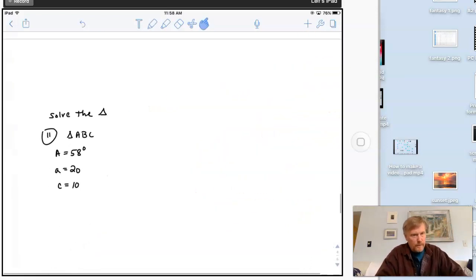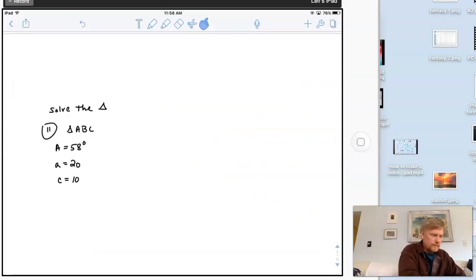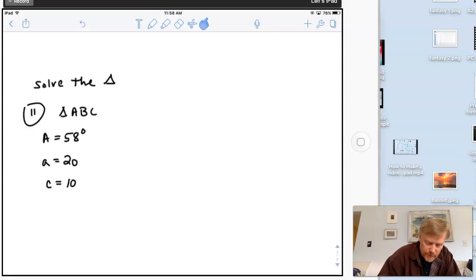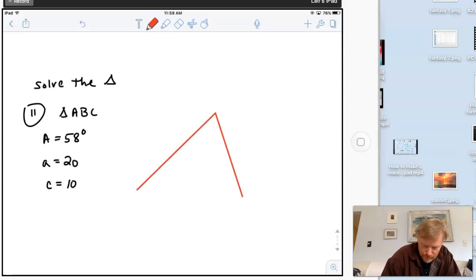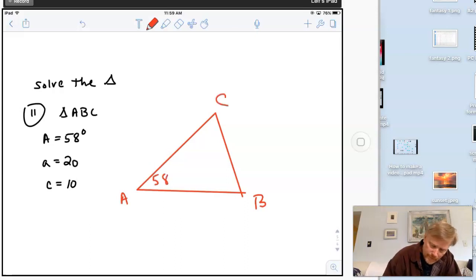Next, solve the triangle. So let's draw a triangle first. A, B, C. Angle A is 58. Side A is 20.